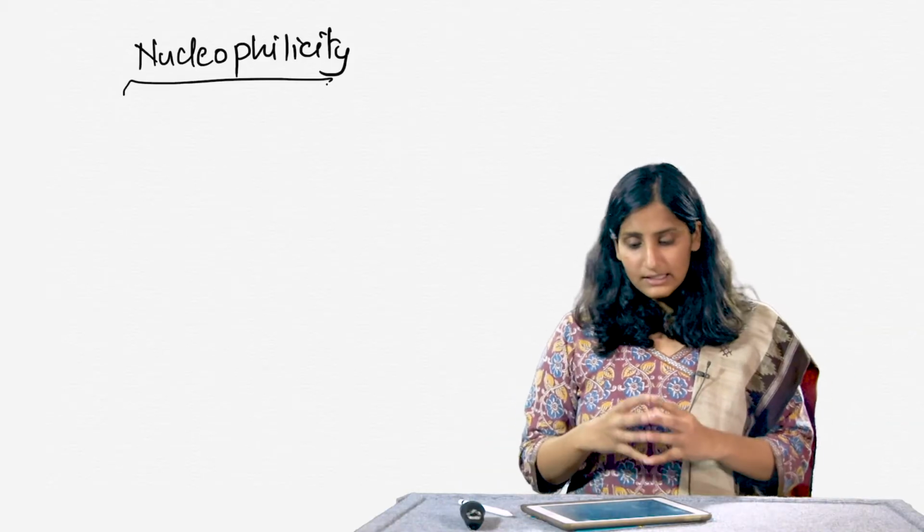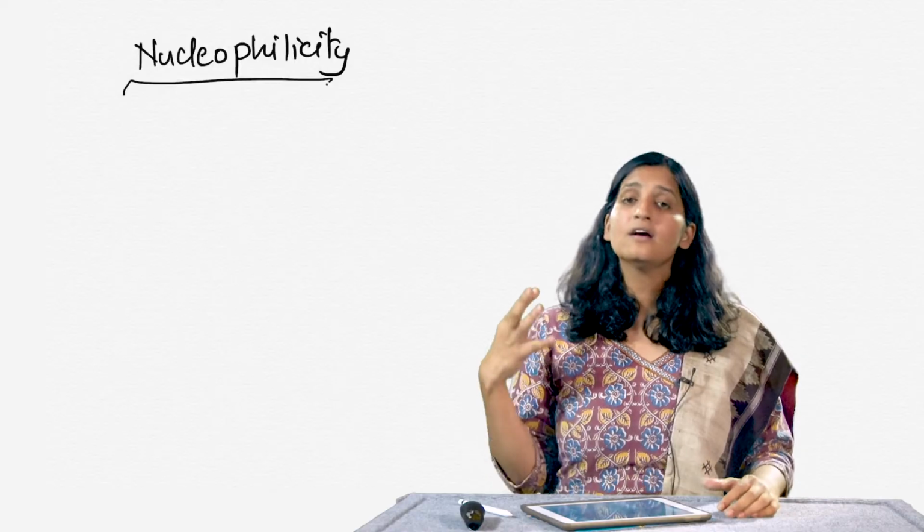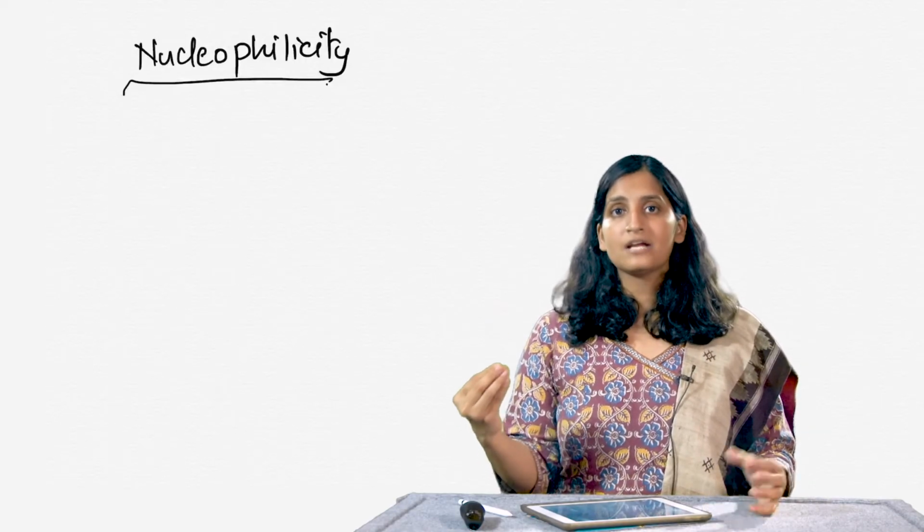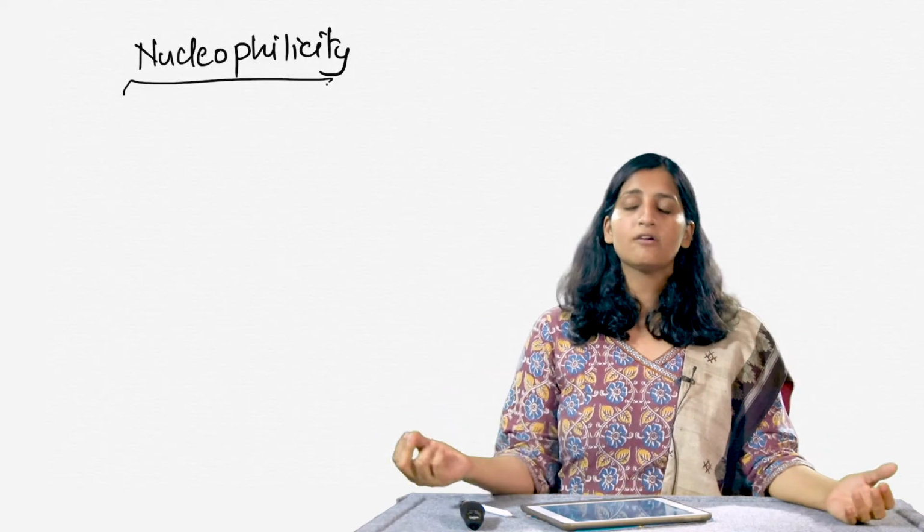Now, the last thing we want to talk about is the size of the nucleophile, and this has to do with the kind of reaction you want it to perform. In SN2 reactions, for example, we have seen how the bulkiness of the substrate hinders the reaction such that the nucleophile cannot reach the carbon center. If the nucleophile is really bulky, you are going to see a very similar trend.